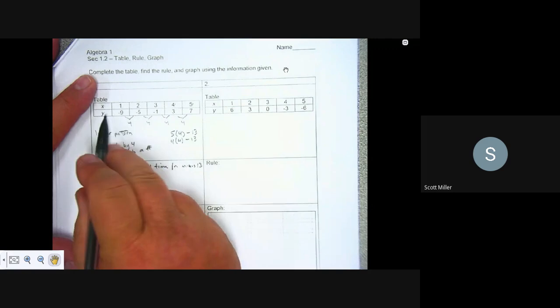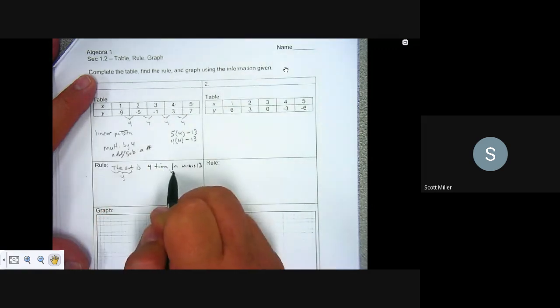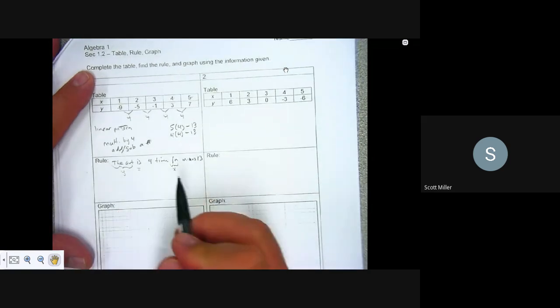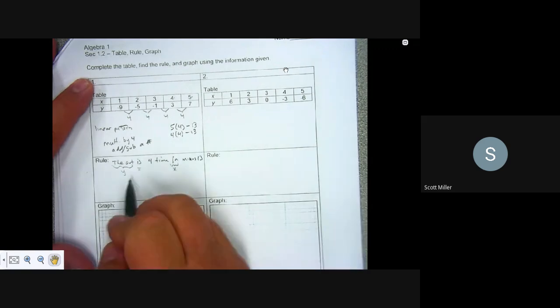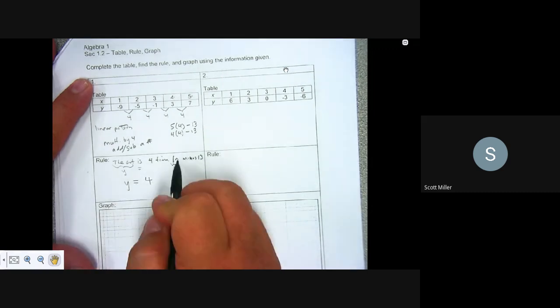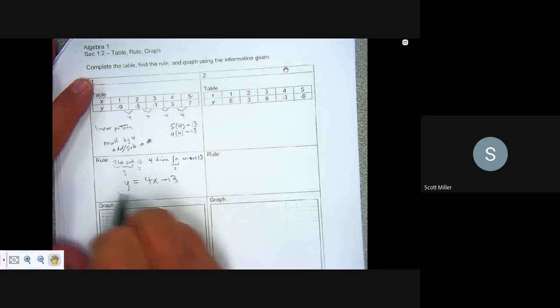In symbols, the out is the Y, the N is the X, and the equals sign means equals, in case you did not remember. So we can actually go beyond this and write the rule this way: Y equals 4 times X minus 13. So I can write that rule that way.